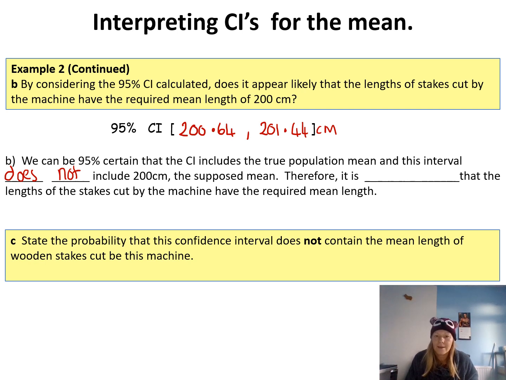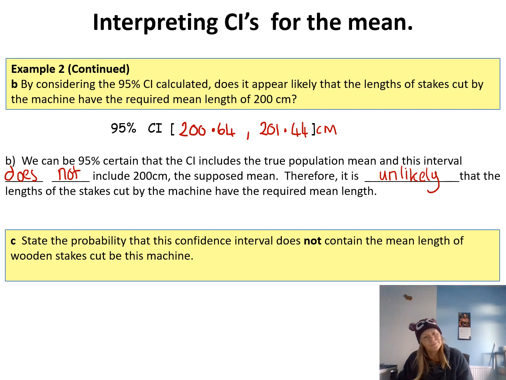Therefore, it is unlikely that the lengths of stakes cut by the machine have the required length. So in fact, it looks like customers are getting a bit more for the money. Not a lot more, but a bit more. The company might not be pleased that they're giving too much wood away. The customer might be pleased they've got a longer stake to kill the vampire with.